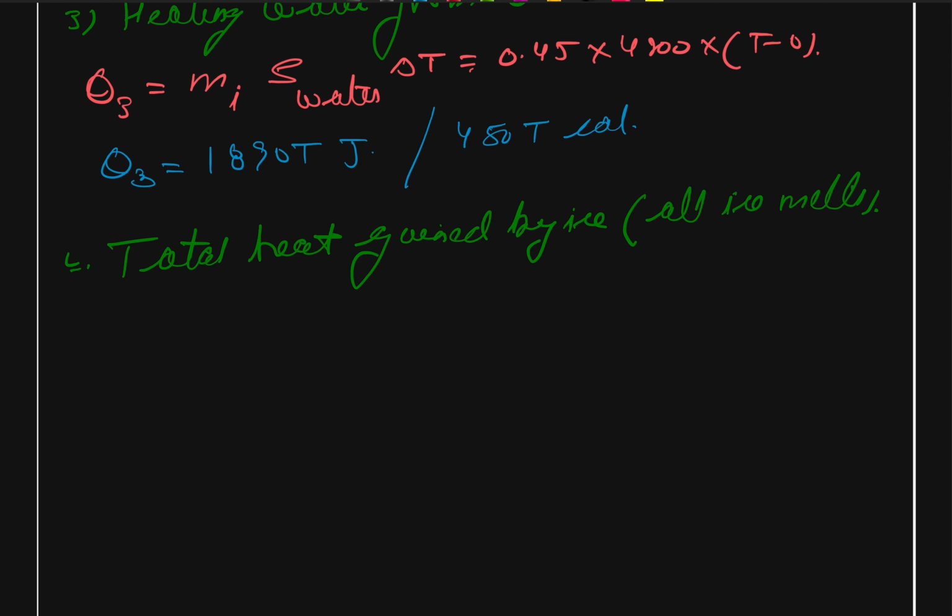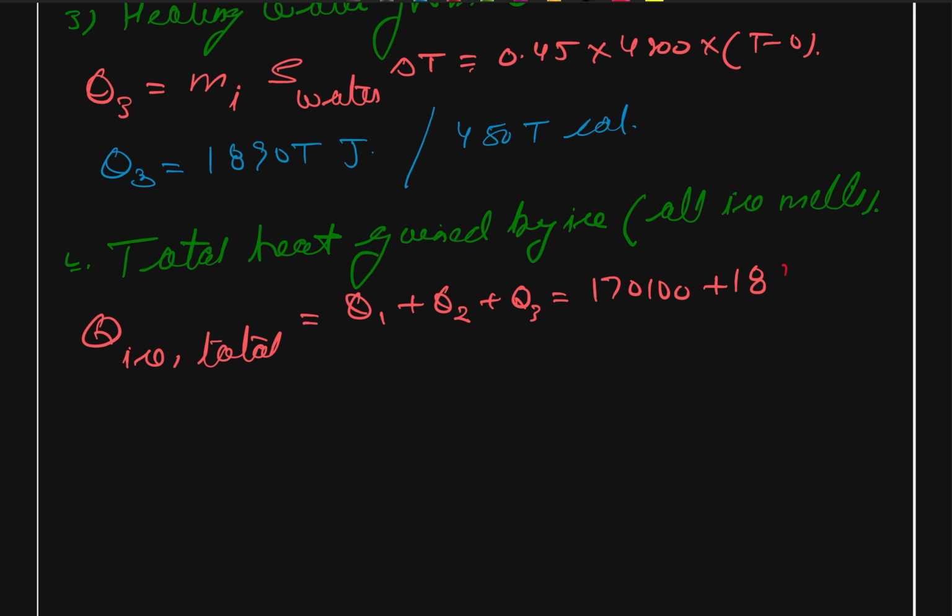So we get this as Q ice total will be equal to Q1 plus Q2 plus Q3, and that will be equal to 170,100 plus 1890 T, and this is in joules, and we can also write in calories. So this will be 40500 plus 450 T, and this is calorie.